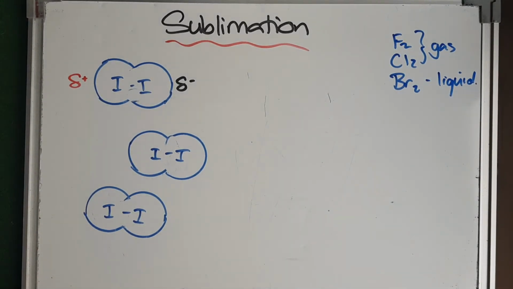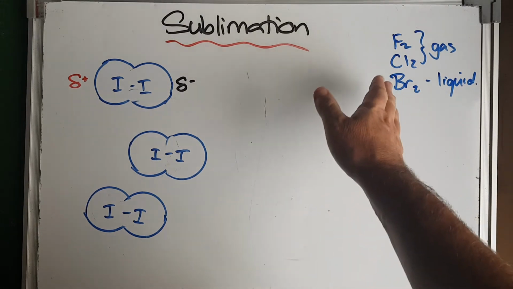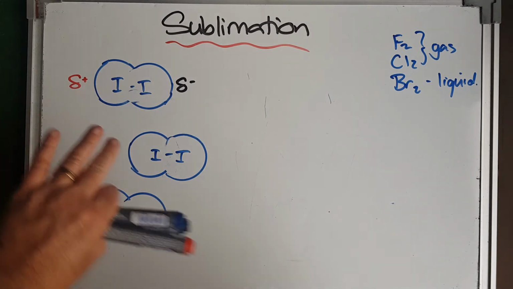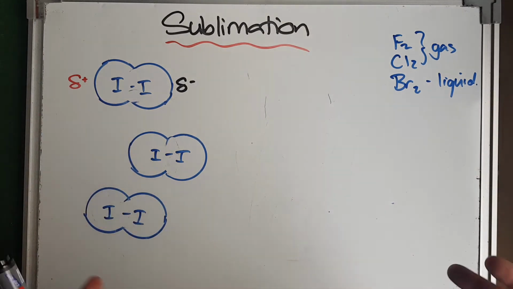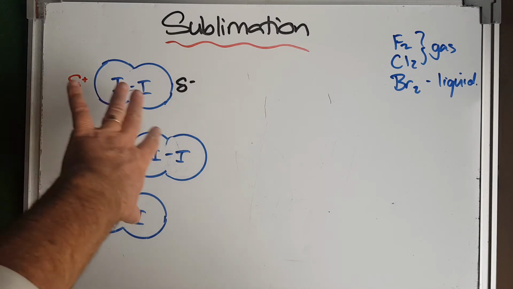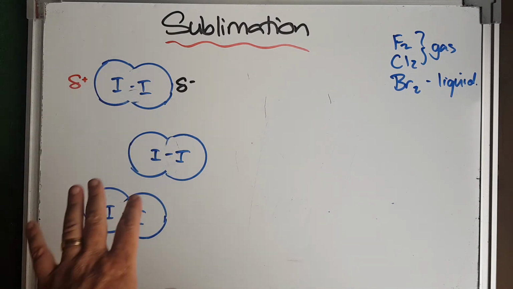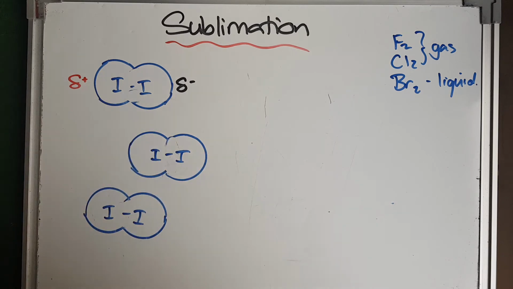So these are all from group 17. They're the diatomic elements of the group 17s. Iodine, of these four, has got a much bigger electron cloud, so it's more likely to have temporary dipoles. In particular, these ones, the instantaneous dipoles.